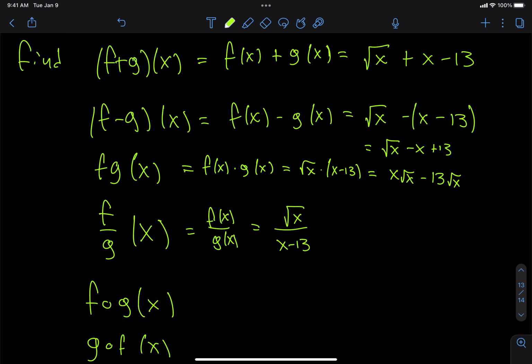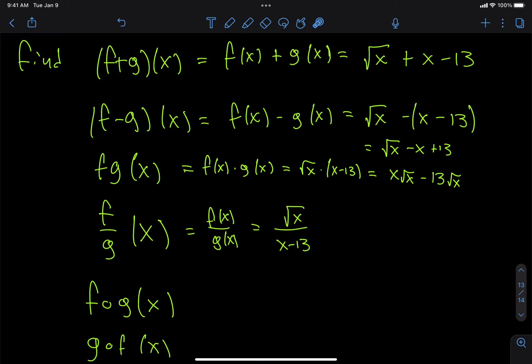Any questions so far? Yeah, a little slower, sure. So for all of these, f plus g, f minus g, fg, and f over g, this notation just means that you take one function and add it to another, or subtract it from the other, or multiply it with the other, or divide it by the other function.